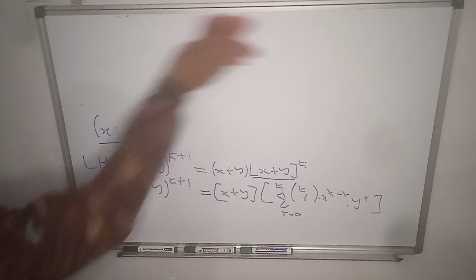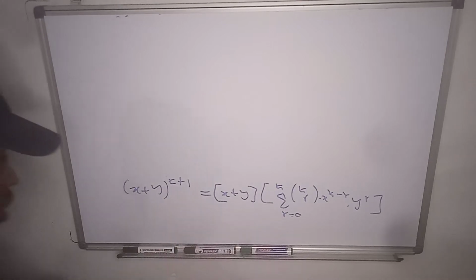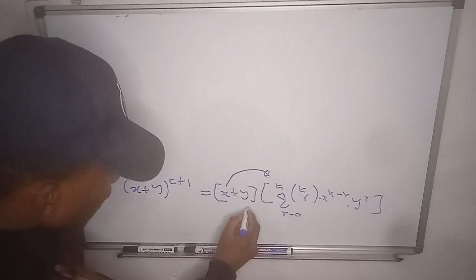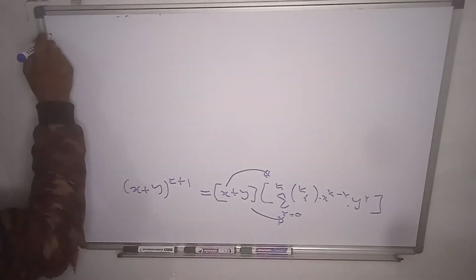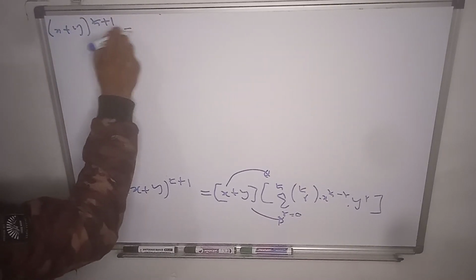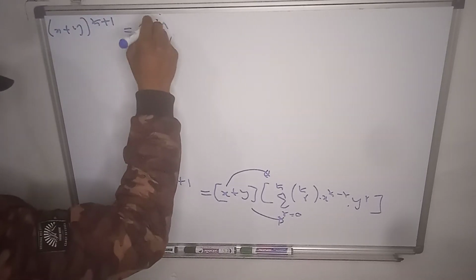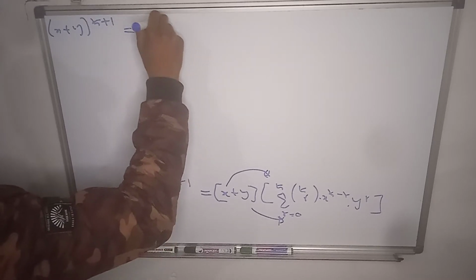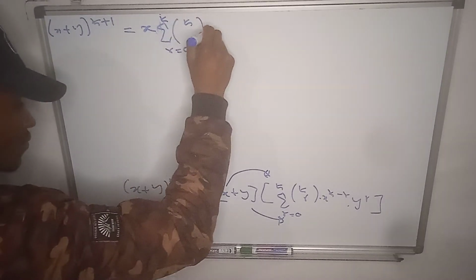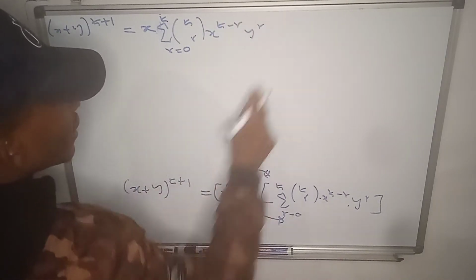So when we are here, this is what we are going to do. We can multiply by x here and then also by y. So (x + y)^(k+1) is going to be x times the summation of r equals 0 to k, k combination r, x^(k-r) y^r.